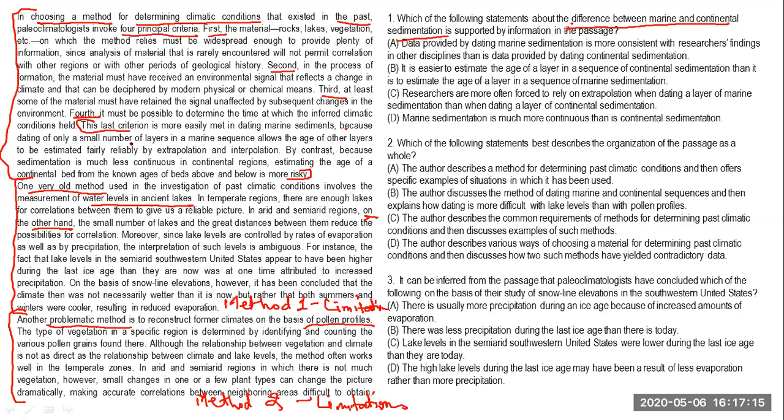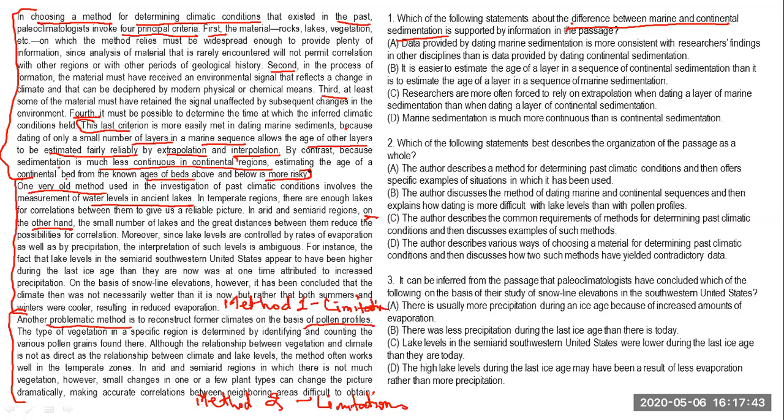dating only a small number of layers in marine sequence allows the age of other layers to be estimated fairly reliably by extrapolation and interpolation. By contrast, because sedimentation is much less continuous in continental regions, estimating the age of a continental bed from the known ages of beds above and below it is more risky.